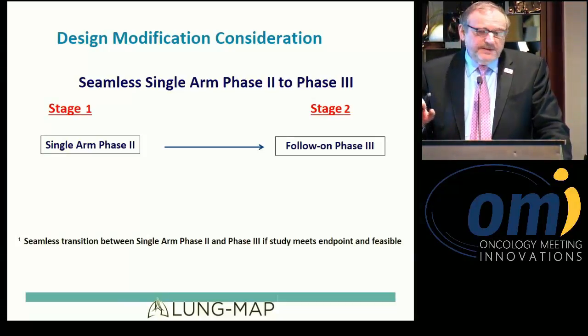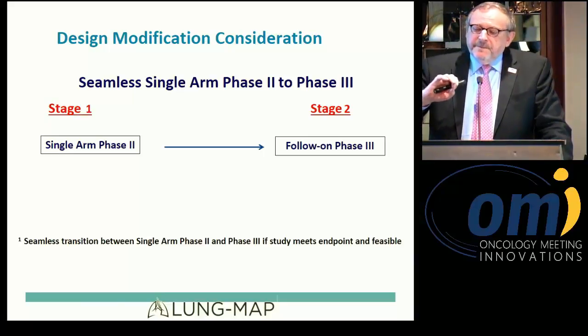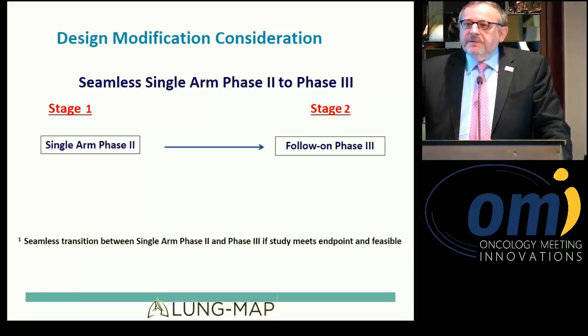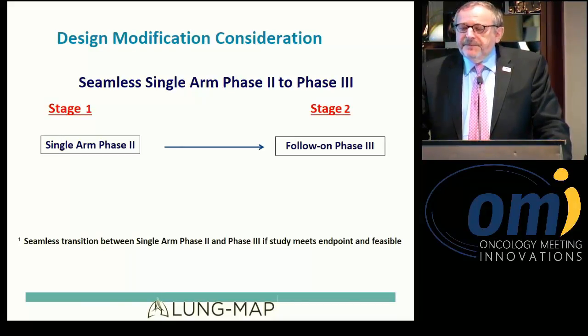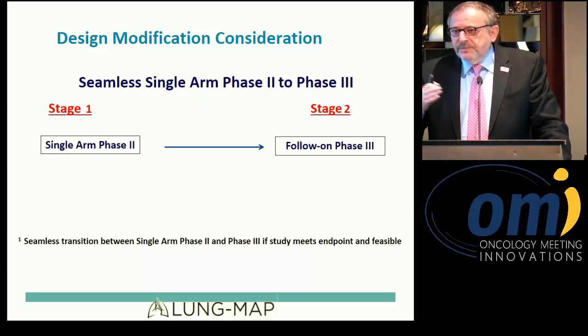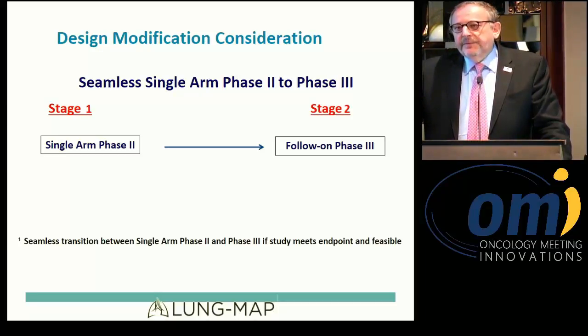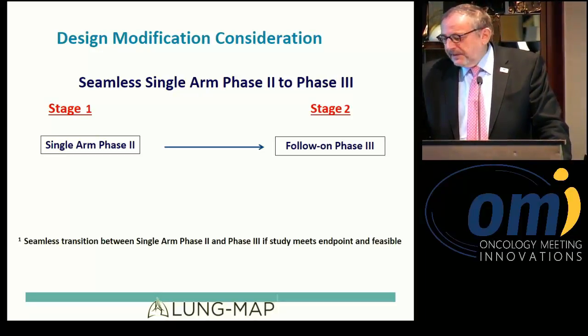So what is the trial design? We are starting out with a phase 2 trial with new drugs, and if the phase 2 trial achieves defined landmarks, it goes smoothly into a phase 3 registration trial.